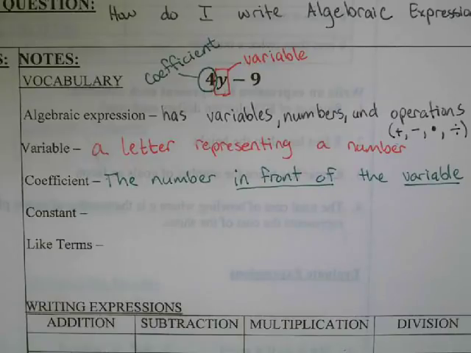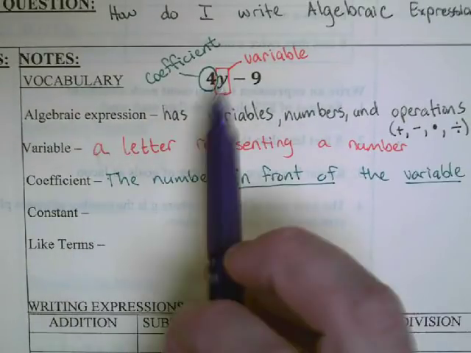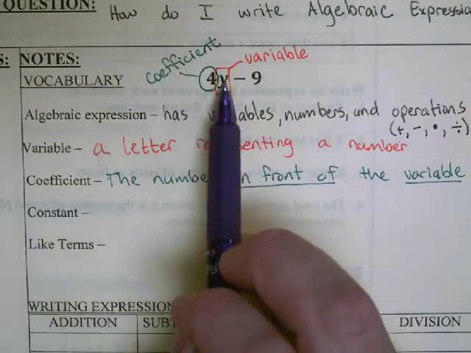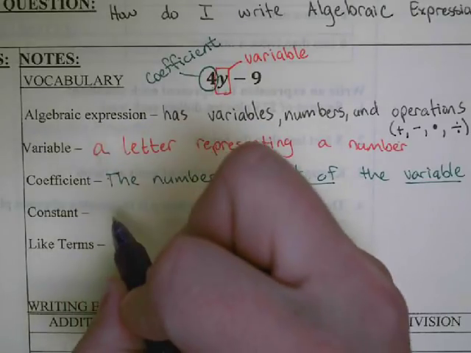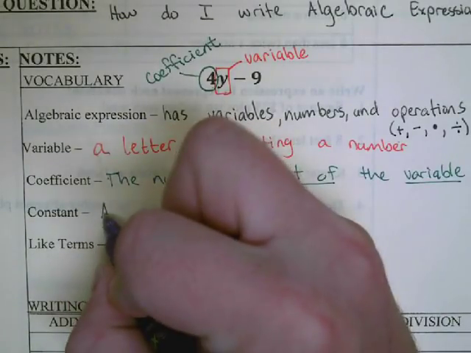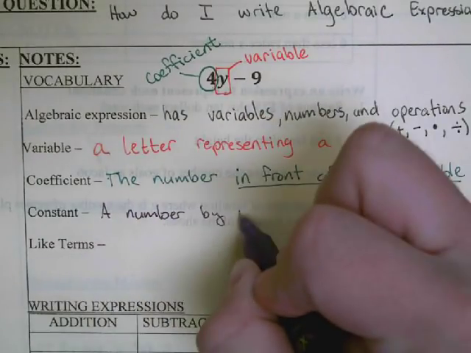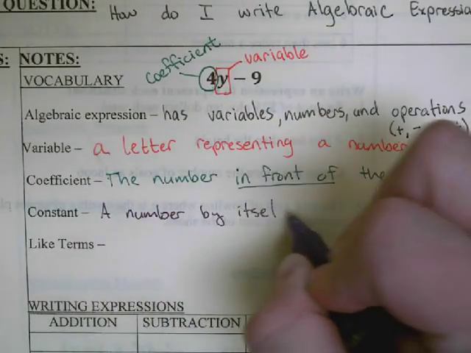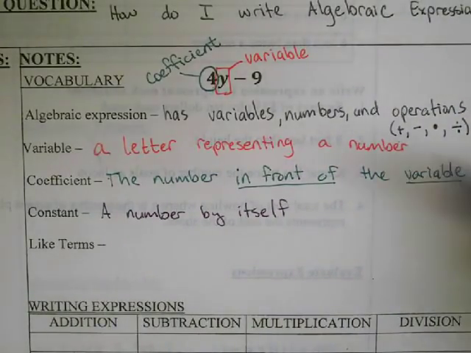Now a constant is a number that's all by itself. So the 4 is kind of attached to the y, and then we have this minus 9. So the constant is a number by itself. There's no variable attached to it, and it's just kind of hanging out there by itself.